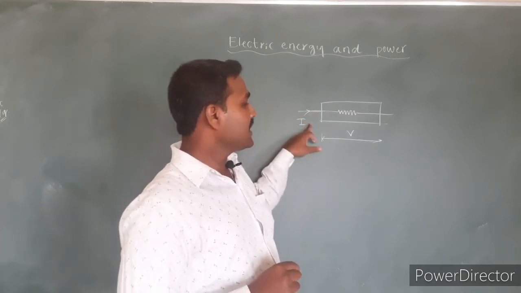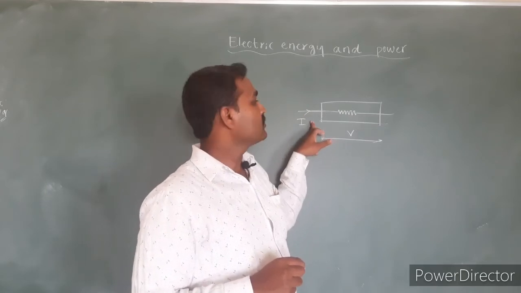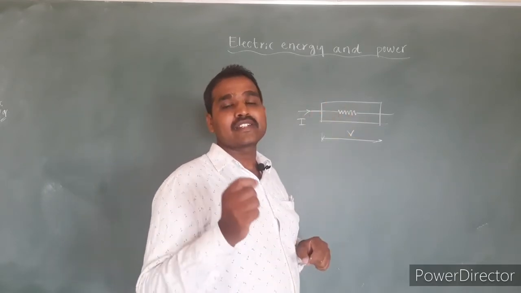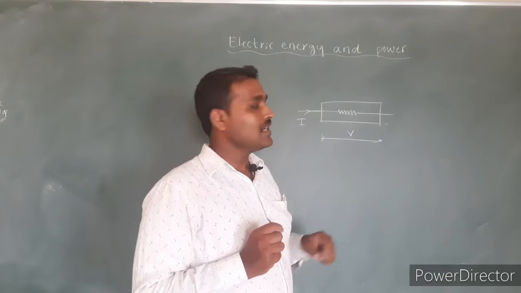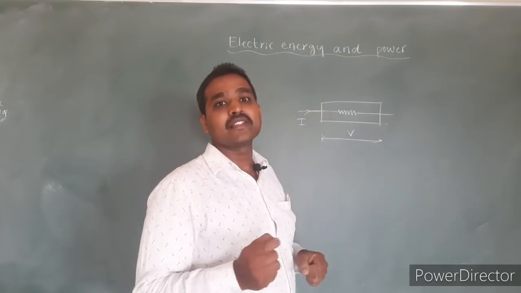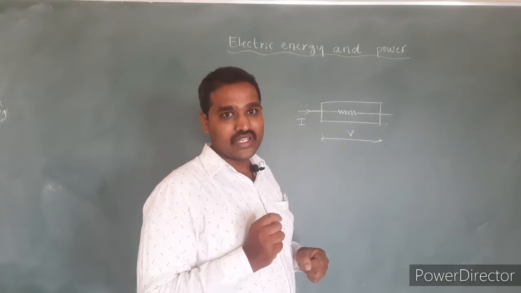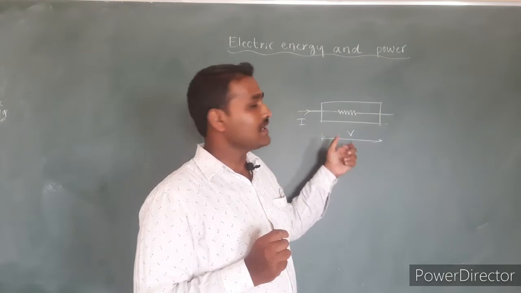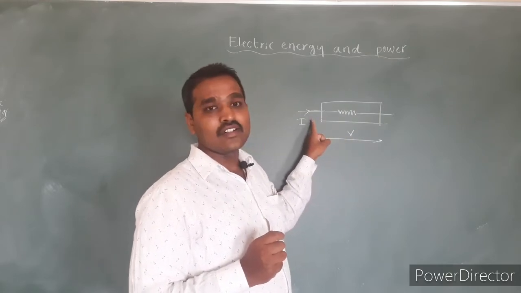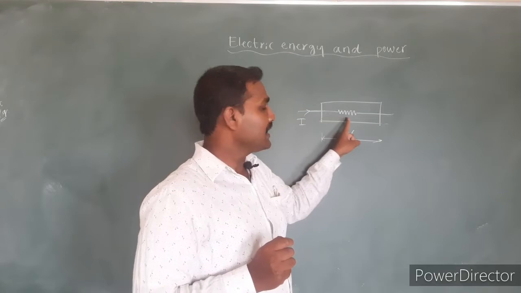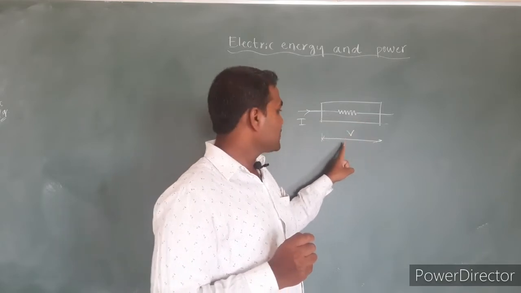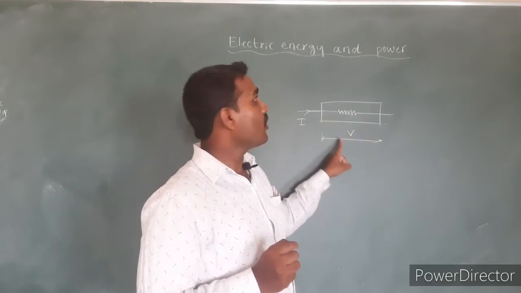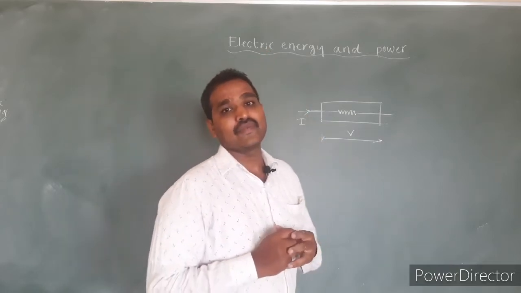To maintain this uniform electric current through the device, there is some external work done, and to do that work, some energy is required. That energy required to maintain the constant current through any electric device by supplying the potential difference is called electric energy.